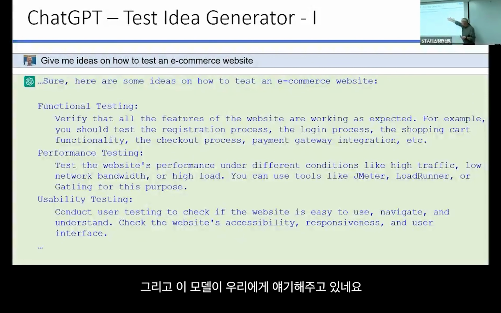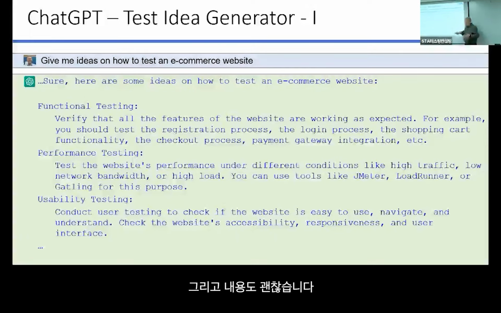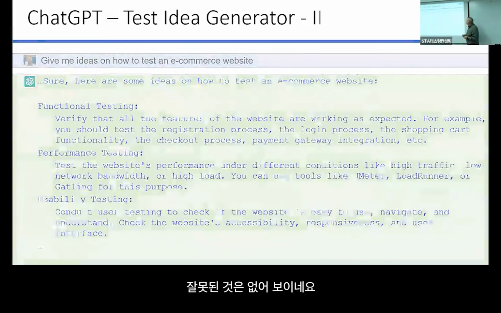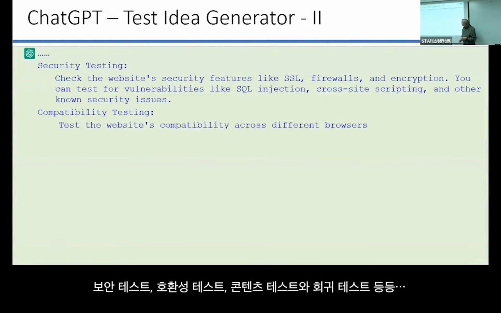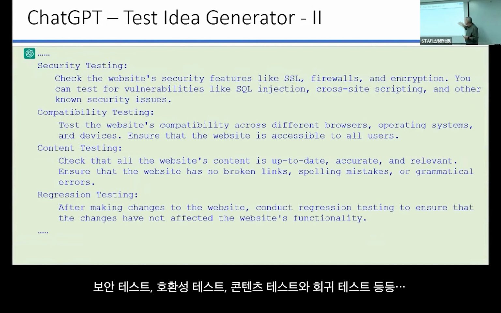So it's going to tell us do some functional testing, do some performance testing, do some usability testing. All good stuff, and the text is okay. It's not wrong. Do some security testing, do some compatibility testing. Yeah, why not? Content testing, regression testing.